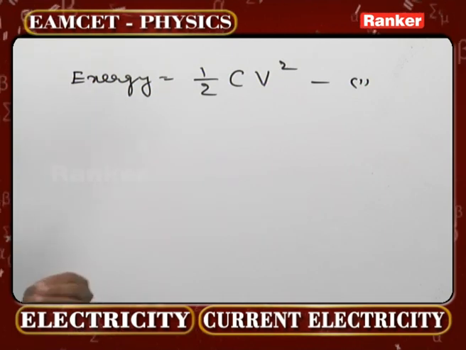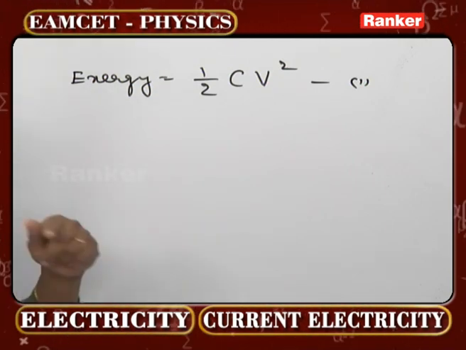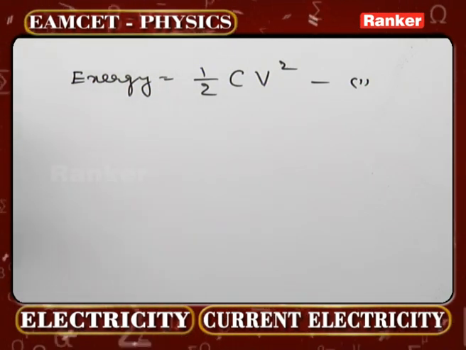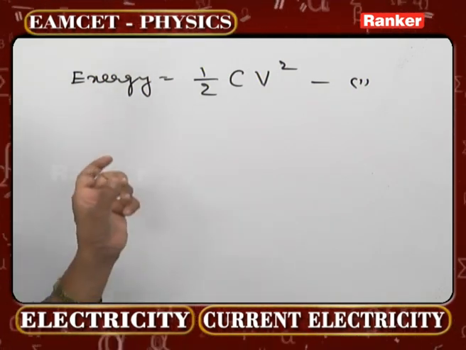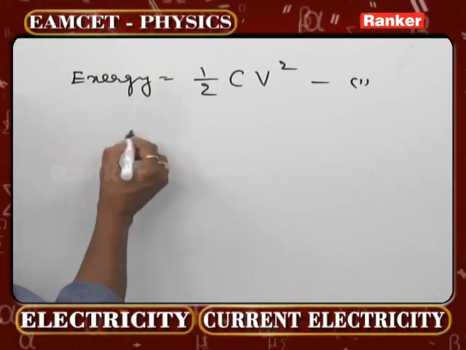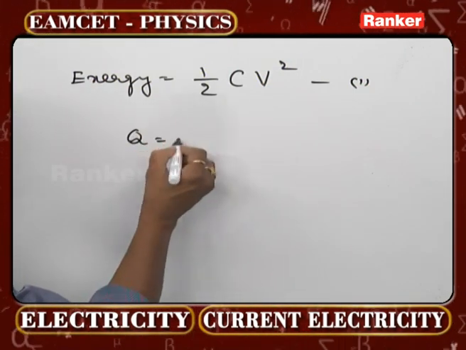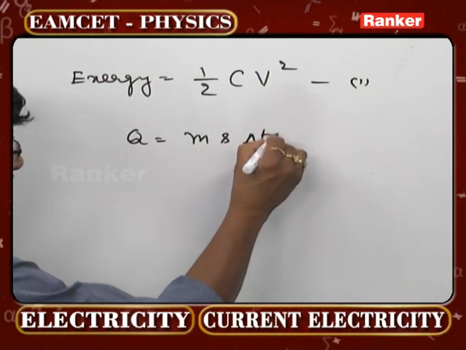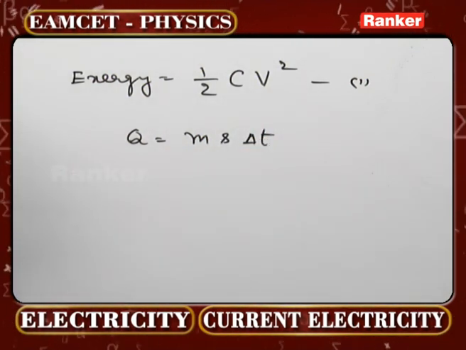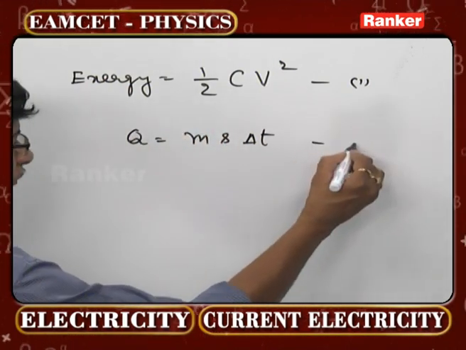It is now discharged through a small coil of some resistance. And of course, he gave mass, specific heat, and delta T the rise in temperature. Then what will be the quantity of heat energy that is generated? MS into delta T, that is the formula. This is the second one.